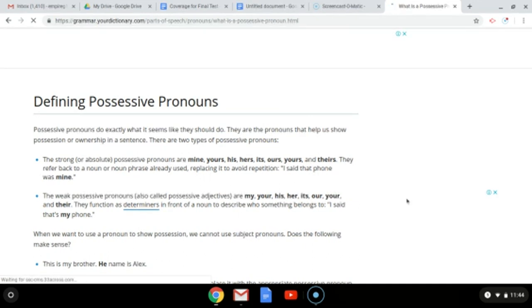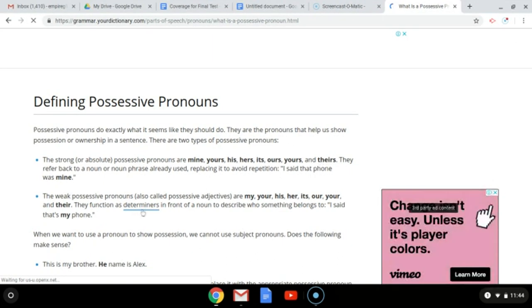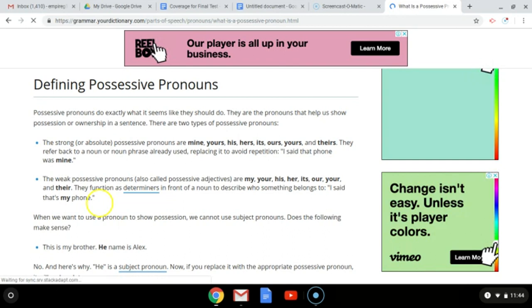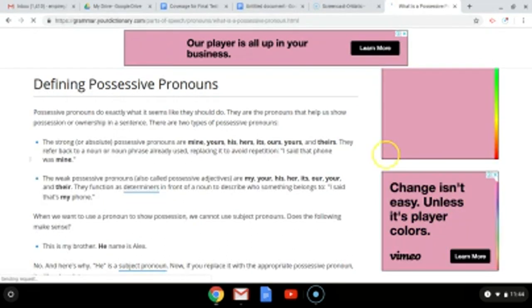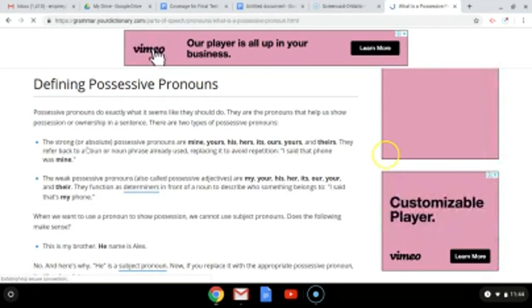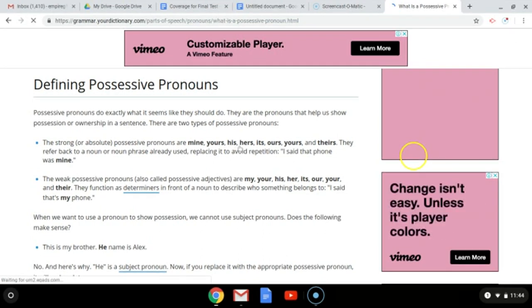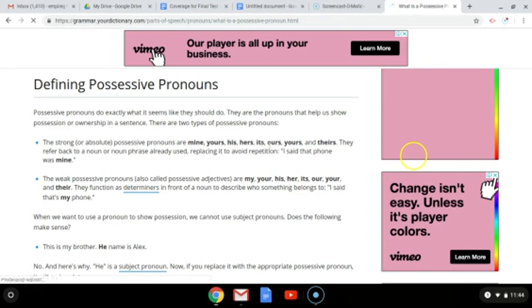We're not going to talk about the weak ones as possessive pronouns because you will confuse them with possessive adjectives, which is actually true. For the strong possessive pronouns, we have mine, yours, his, hers, its, ours, yours, and theirs.